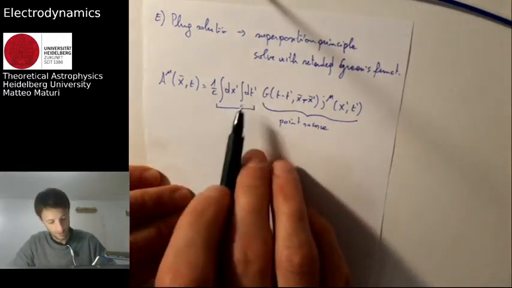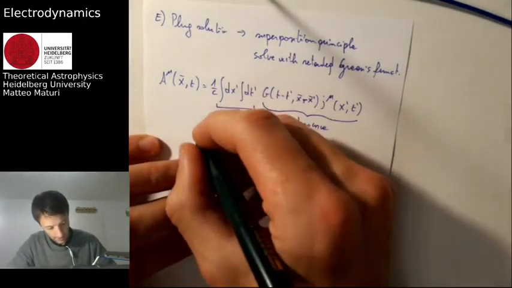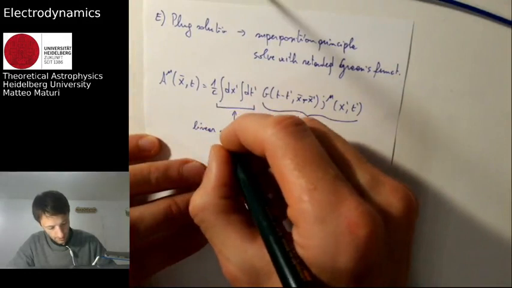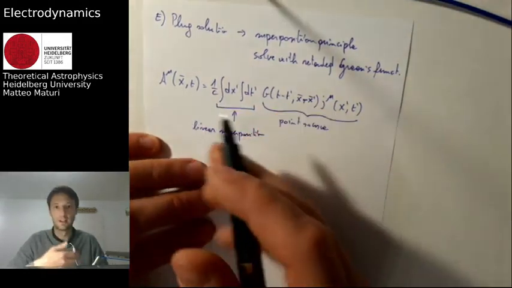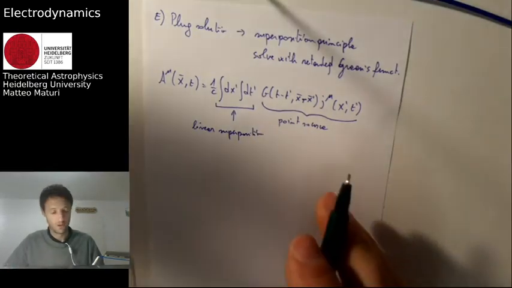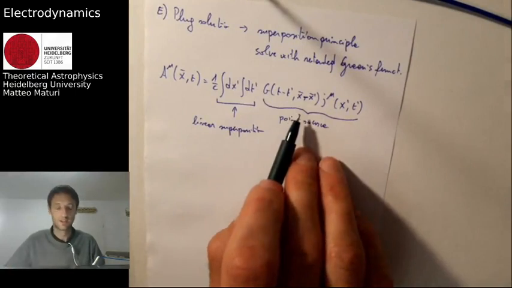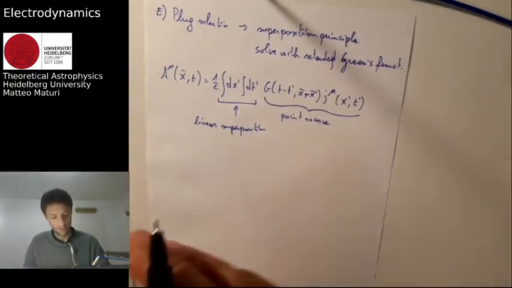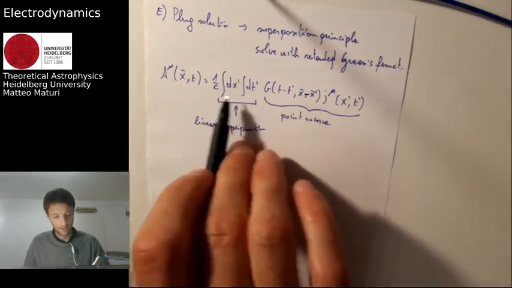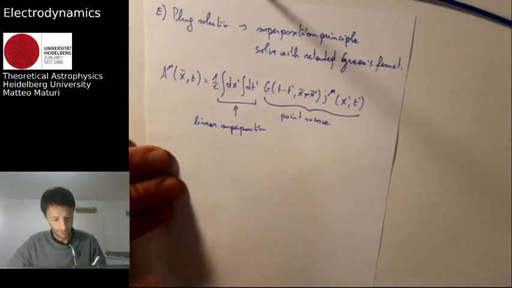Okay, so this basically stands for the linear superposition. An integral is a summatory of the function that you have inside, so of the particles in this case, for a continuous scenario, for many particles, and this gives this integral. So this represents the linear superposition of particles.